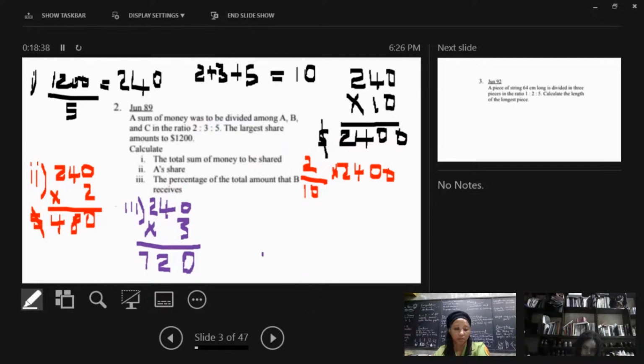So then now that we know how much 3 has, we need to put it over the total, which is 2,400. And that goes times 100, right? To express it as a percent.